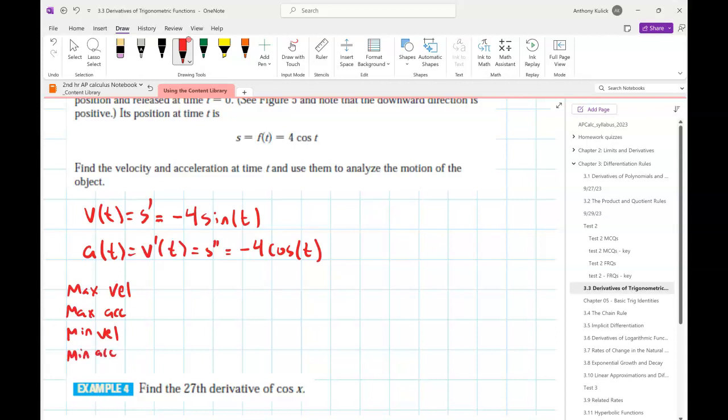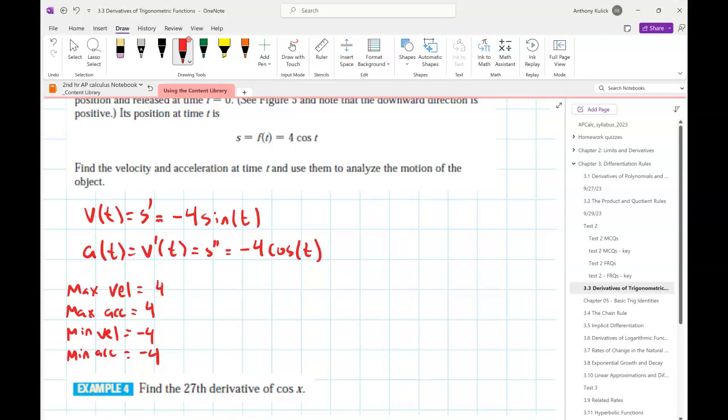So what did you say, Rita? Negative 4 and 4. So we want max and mins. So the maximum should be 4, and the minimum would be negative 4, right?